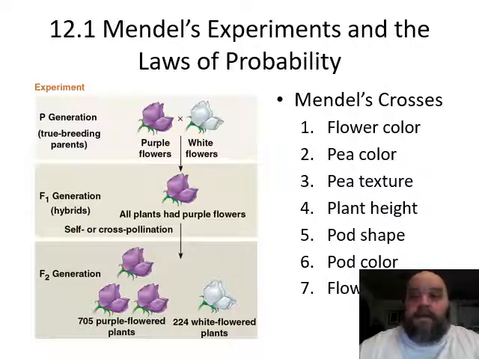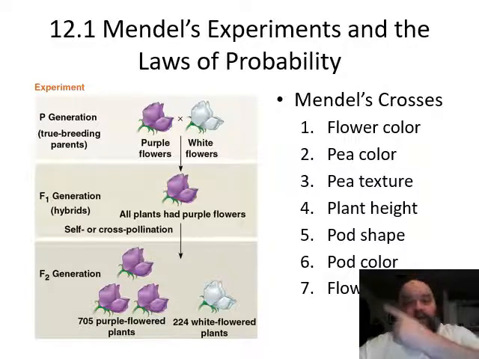Height, short or tall, pod shape, and so on. And he counted thousands and thousands of plants, keeping track of which plant had which traits. And then he started studying the numbers, looking for patterns.